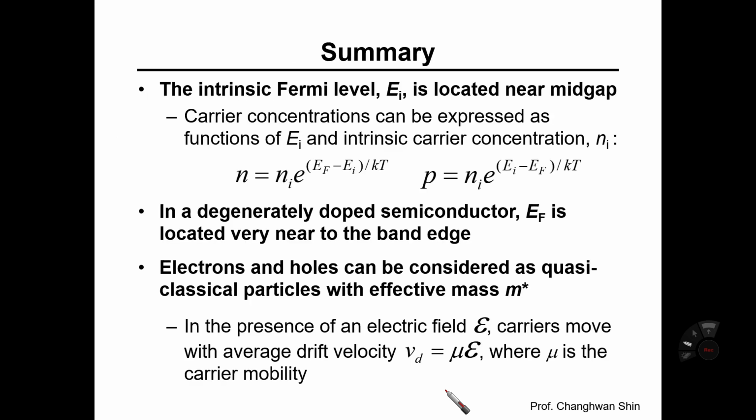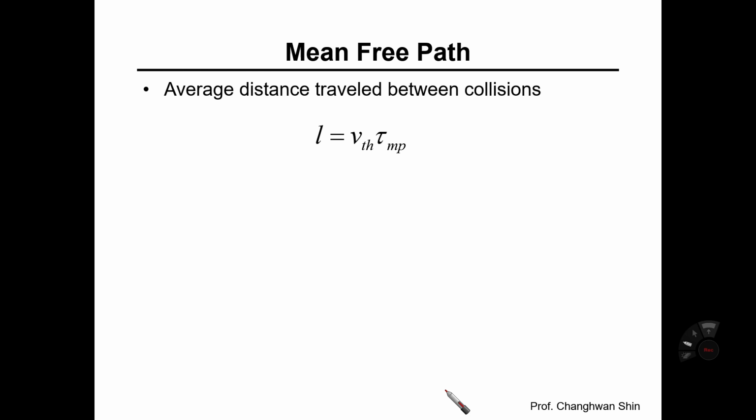The last concept left in this lecture note is the mean free path. I guess we don't need to spend too much time here because we have already learned the concepts of thermal velocity and the scattering time. Here, thermal velocity is the average thermal speed of a single electron. Think about the units for v_th and tau.